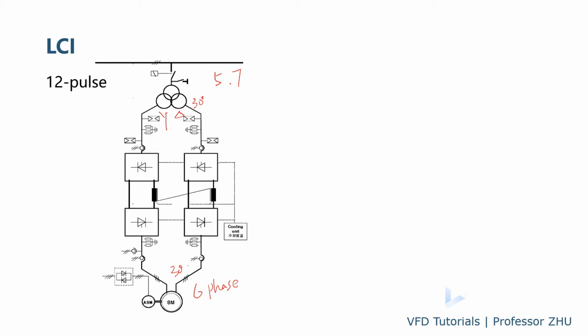The only remaining harmonics, as we discussed before, will be kP plus or minus 1, where P is 12 because of the 12 pulse. So the majority of harmonics are the 11th, 13th, 23rd, and 25th.